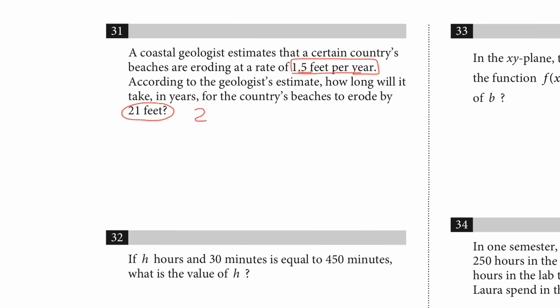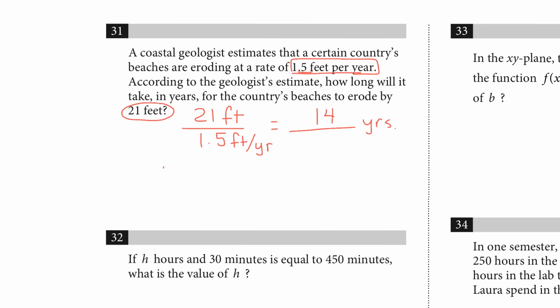Well, if you have 21 feet, and you divide that by 1.5 feet per year, that will give you the number of years. If you take your little calculator and take 21 divided by 1.5, you get 14 years.